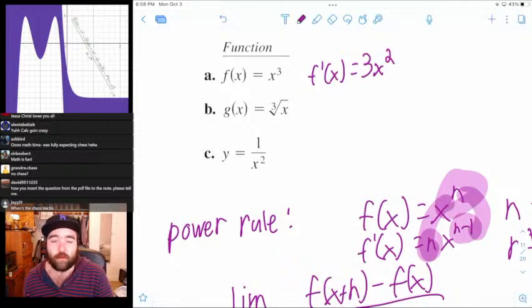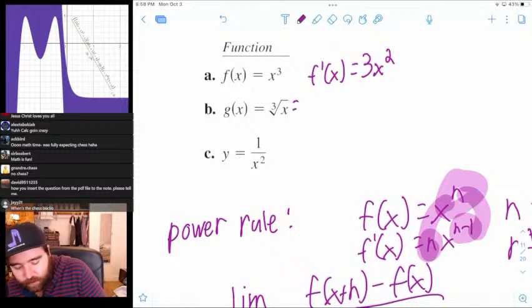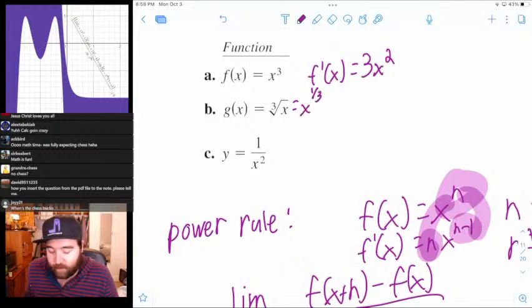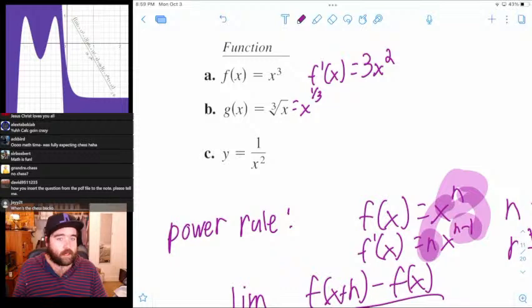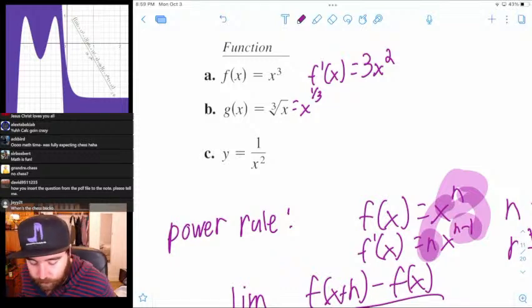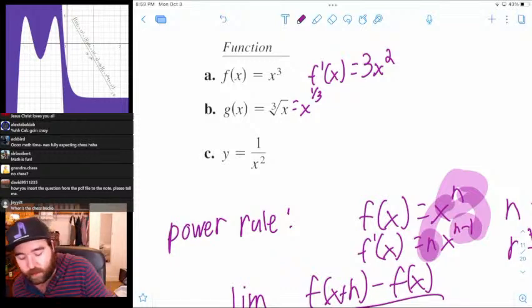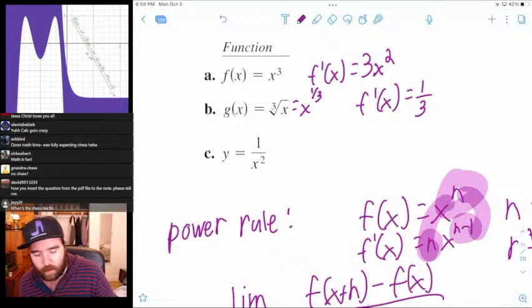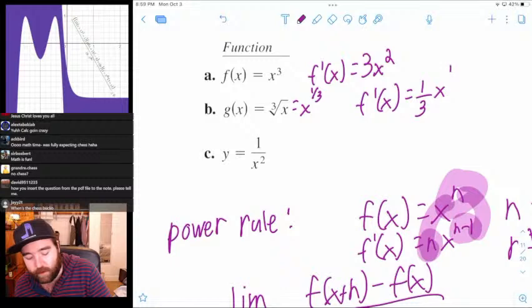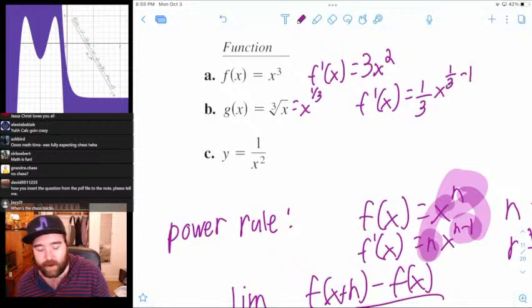We can do the same with the other ones, but the other ones, they're pointing out that we just need to rewrite it first. And I know we didn't show this, but maybe we'll have to come back and prove it later. But the power rule works for any exponent. I really think any real number exponent it works for. So we're going to do the exact same thing. We're going to be taking the derivative. So we're going to move that power to the front, move the 1/3 to the front, and then decrease the power by 1. So I'll go ahead and write it out for now. 1/3 minus 1.